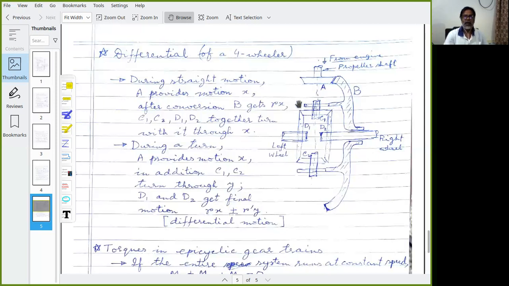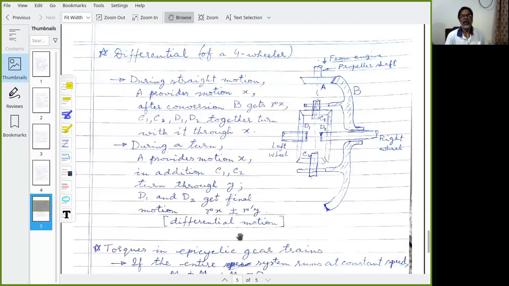Okay, so that also goes on. So now the real two degree of freedom motion is actually found. And that is why the two rear wheels, D1 and D2, get the final motion as Rx plus R prime Y.